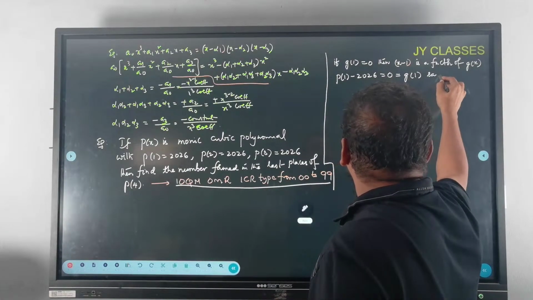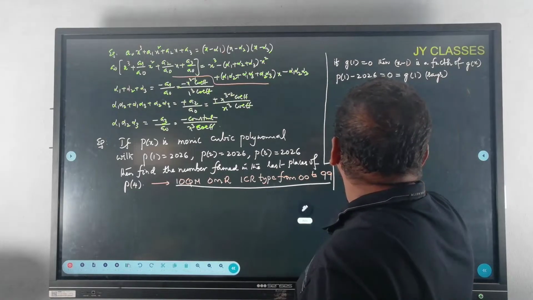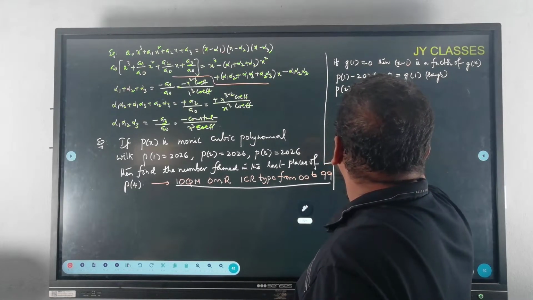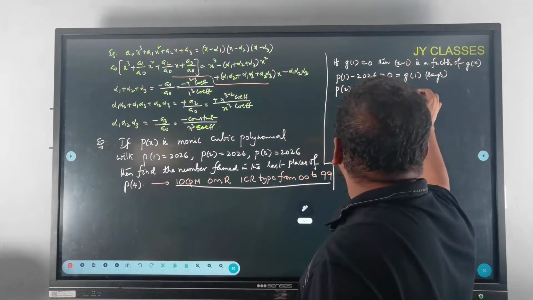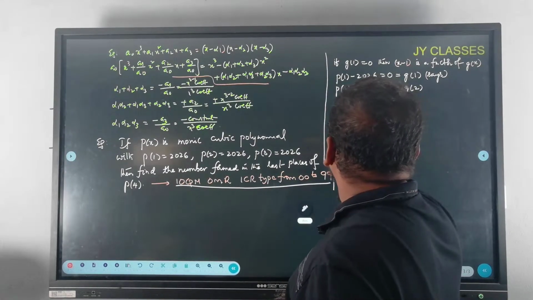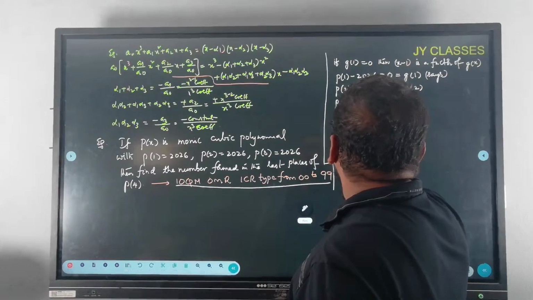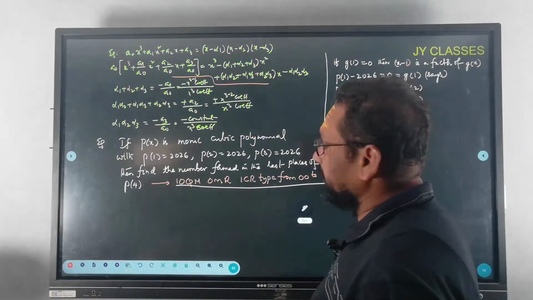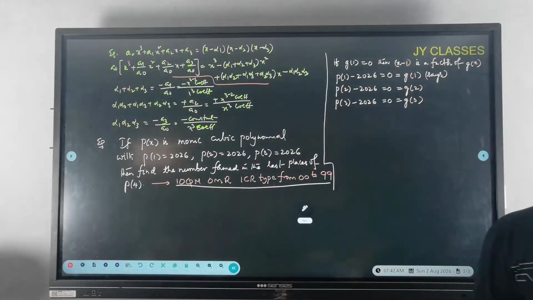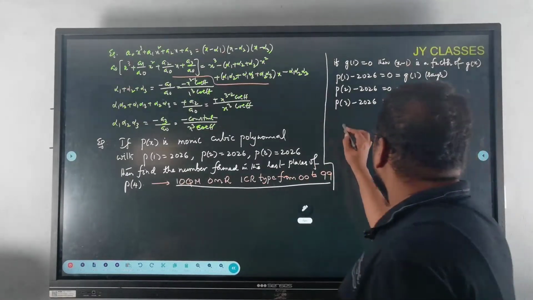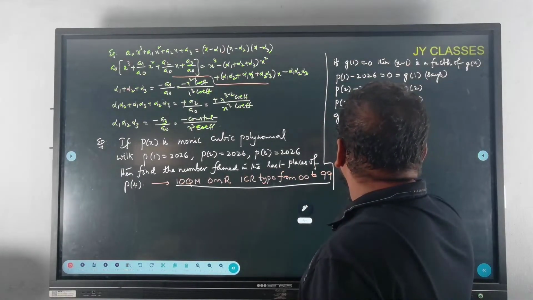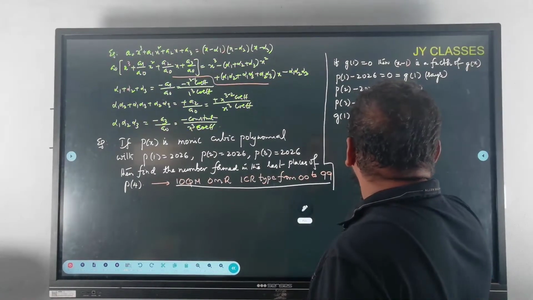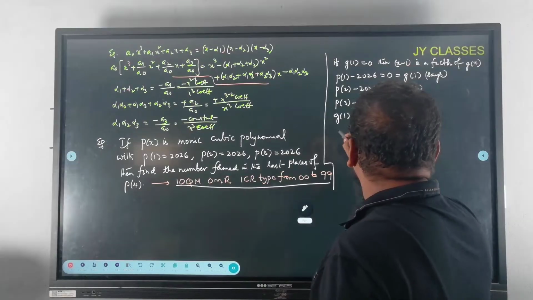Similarly P of 2 minus 2026 is equal to 0, that is g of 2. P of 3 minus 2026 is equal to 0, that is g of 3. So g of 1 equal to g of 2 equal to g of 3 equal to 0.